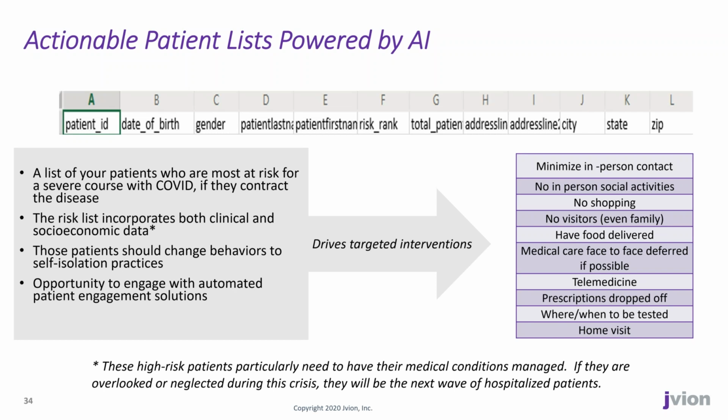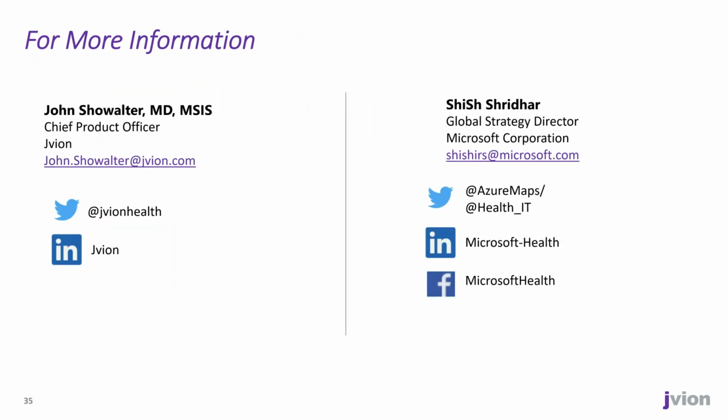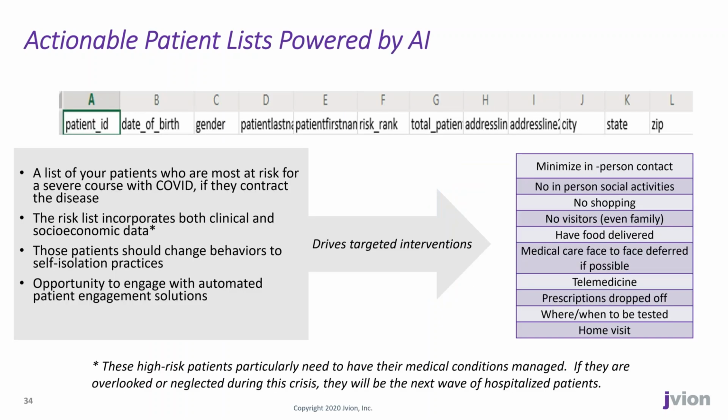We've got health systems working on prescription drop-offs to make sure that patients that are self-isolating with CHF and COPD have their medication, and good instructions about when and where to get tested, how to manage home visits, and really how do we help these vulnerable patients not get an untreatable disease, and how do we do primary prevention and identify a group that really needs to focus on primary prevention.